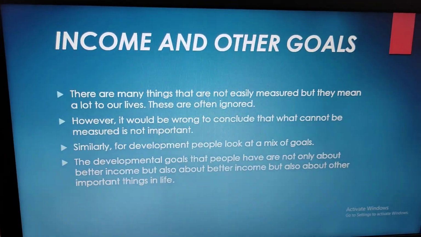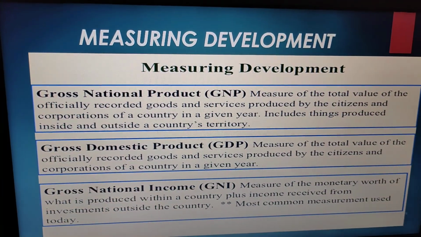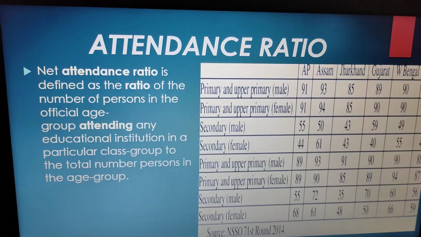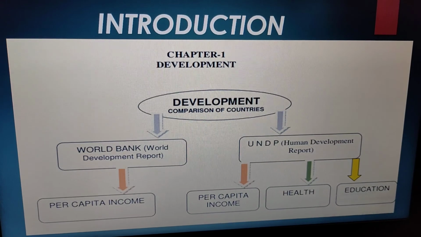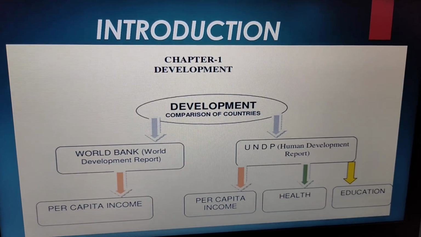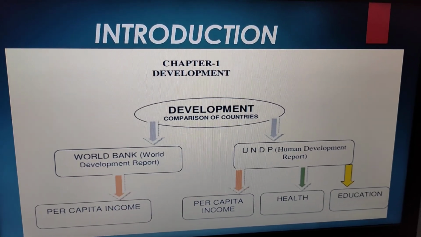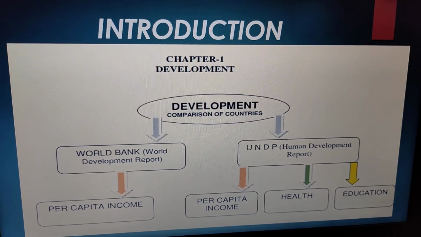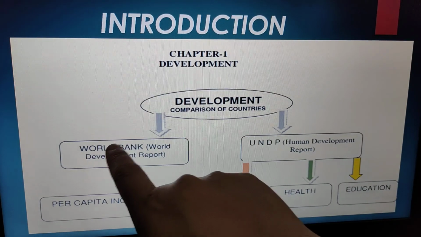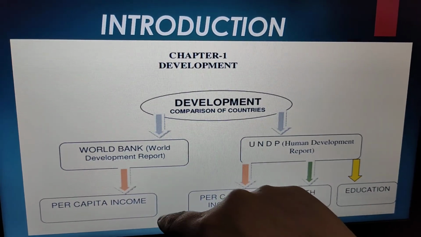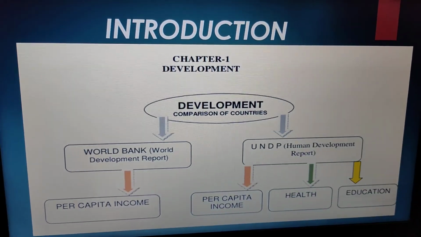Now, before we finish our discussion here, we'll focus on one important topic, that is development: how different countries compare development. If we look at the criteria of the World Bank, it measures development through per capita income.